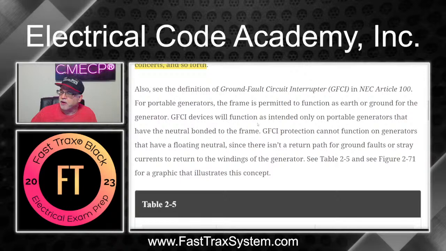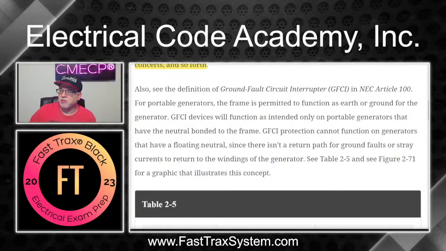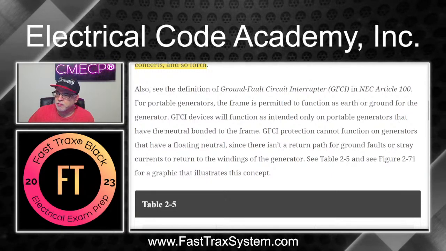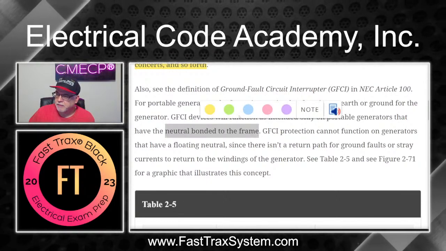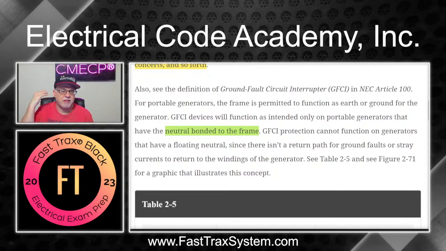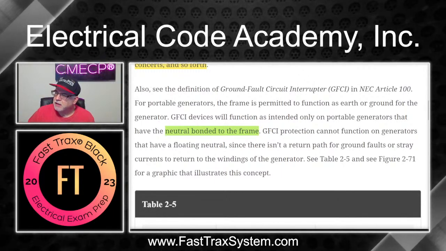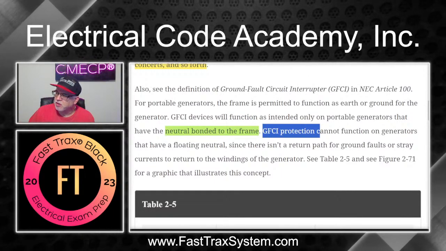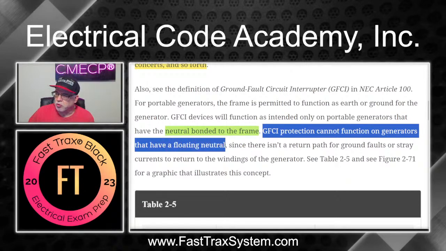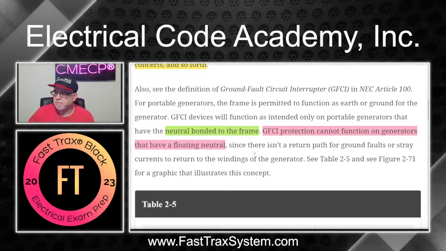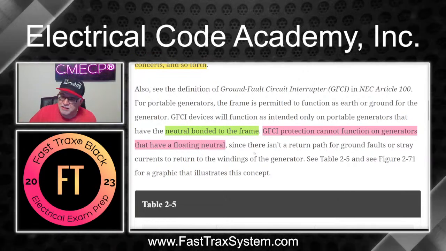GFCI devices will function as intended only on portable generators that have the neutral bonded to the frame. Right? Can't make that any clearer. Okay? GFCI protection cannot function on generators that have a floating neutral. Again, not sure how clear we can make that to folks.